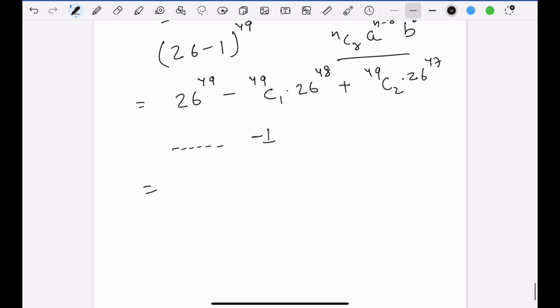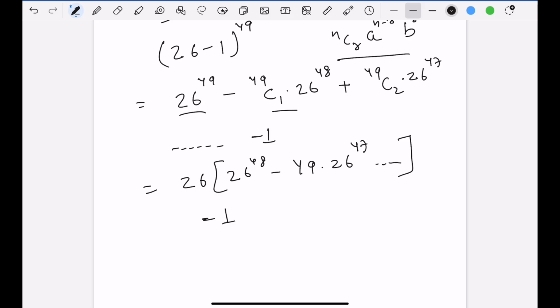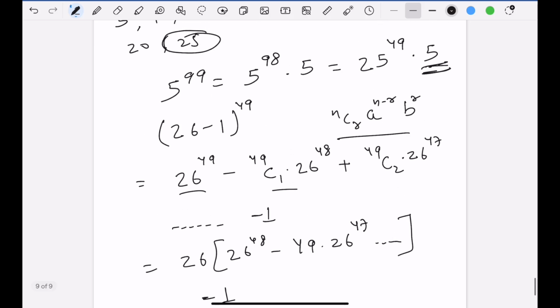We see 26 is common in all, so we can take 26 out. What we will be left with is 26 to the power 48 minus 49 into 26 to the power 47 and so on, minus 1, and this whole thing was multiplied by 5.